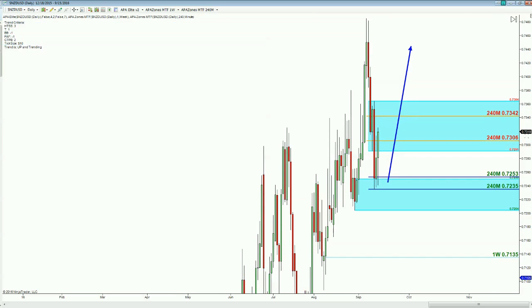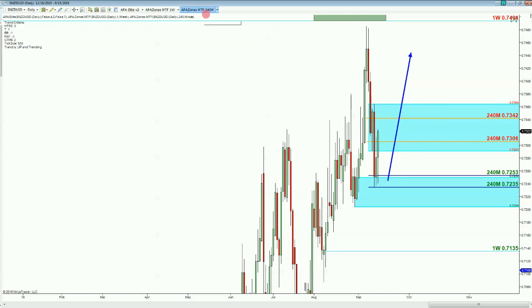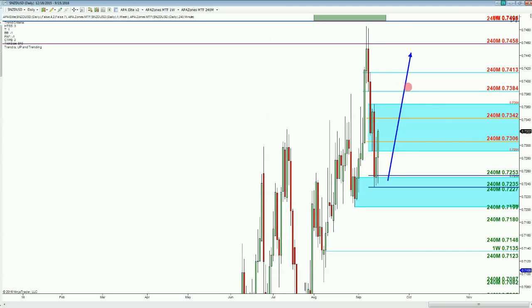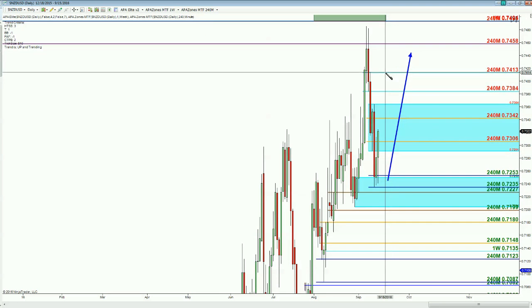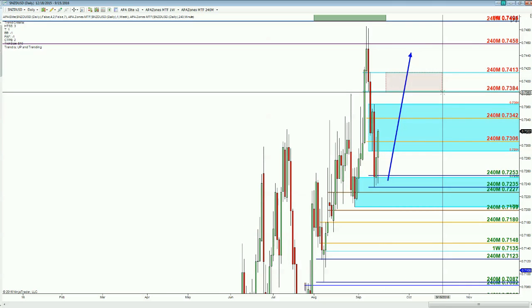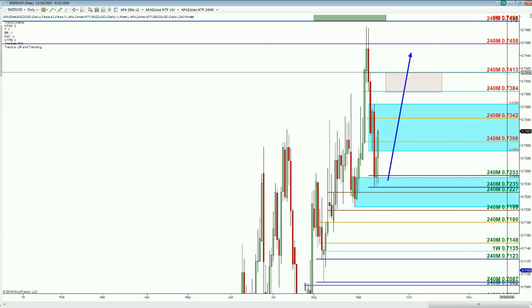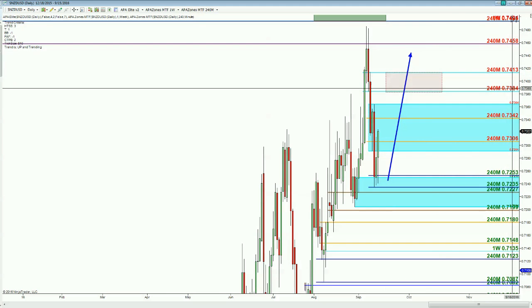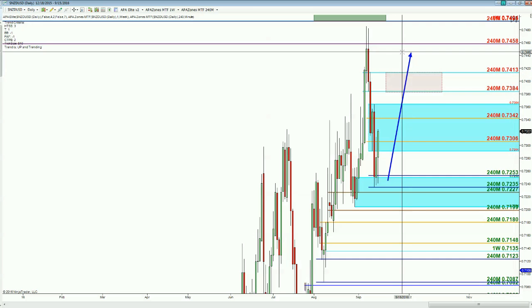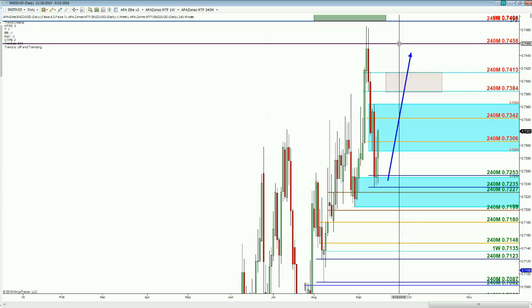If we zoom in just a little bit more, or if we show all of our levels here, up and down our chart, we can also see that we have a little bit of resistance here as well. That's 73.84 up to 74.13, and then it looks like price bounced off of the level up high.